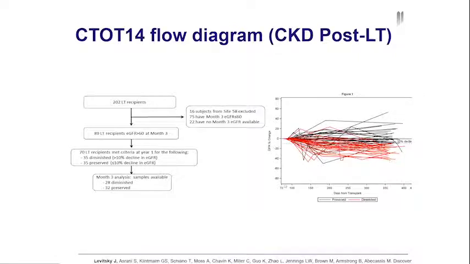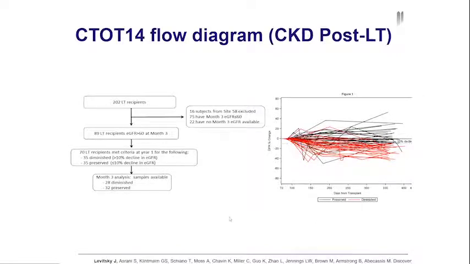And what we did is we tested the protein panels at baseline, at 3 months, and also at each time point serially over the course of these patients post-transplant, and looked at these proteins over time to see if they correlated with GFR.